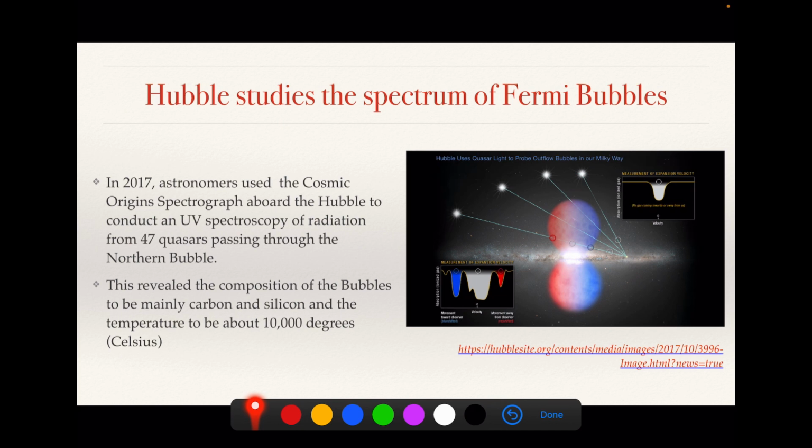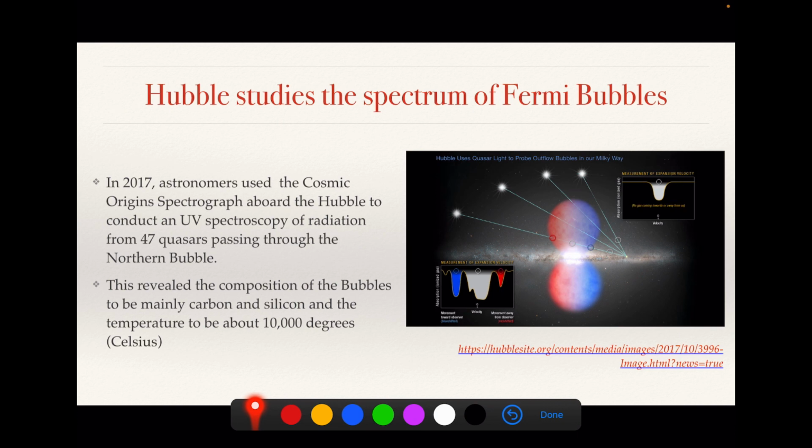This spectroscopy also revealed that the composition of the bubbles consists mainly of carbon and silicon, and the temperature of the bubbles is about 10,000 degrees Celsius, which is actually quite low because the temperature of plasmas or gas outflows of this nature is usually millions of degrees Celsius.